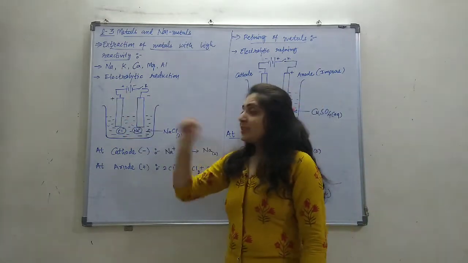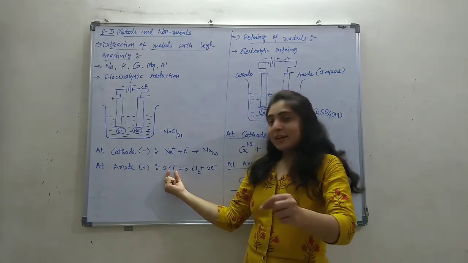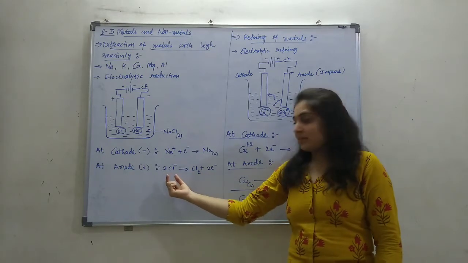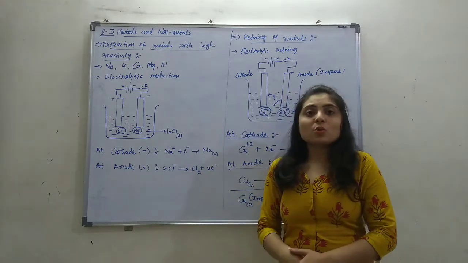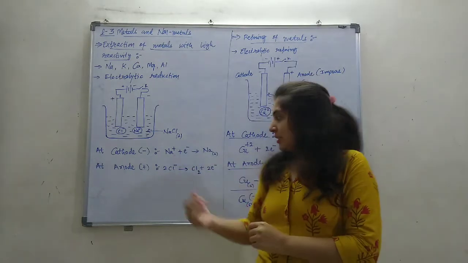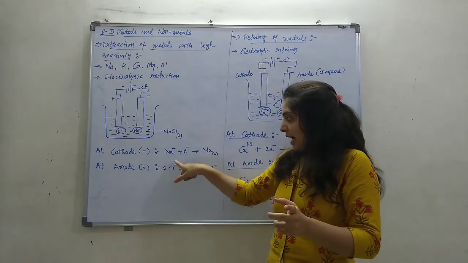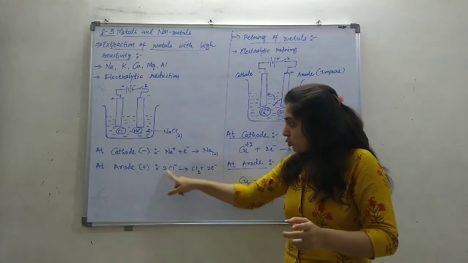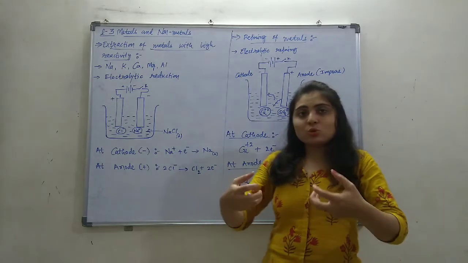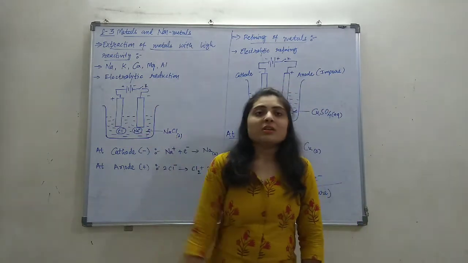As it is positive, it attracts electrons, so the extra electron in the chloride ion will be removed and the chloride ion will become a neutral chlorine atom. Two chloride ions will give two electrons, and the two chlorine atoms will join to make Cl2, so Cl2 gas will be released.